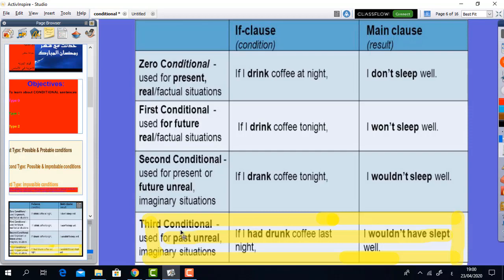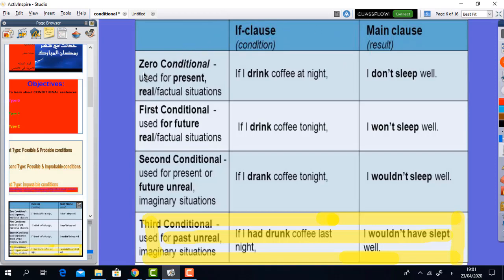We won't concentrate on third conditional, which is conditional type 3, in this lesson. The first note is that in a conditional sentence we have an if clause in which we have the condition and a main clause in which we find the result. It is the same as in Arabic, جملة شرط and what we call جواب الشرط.